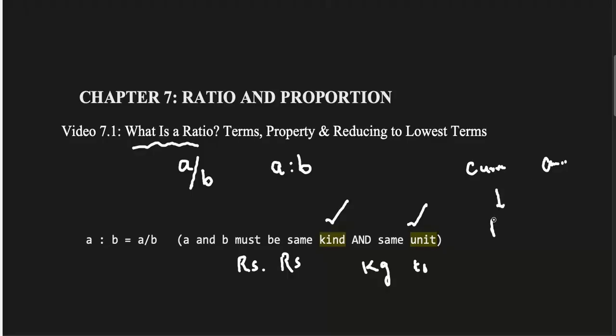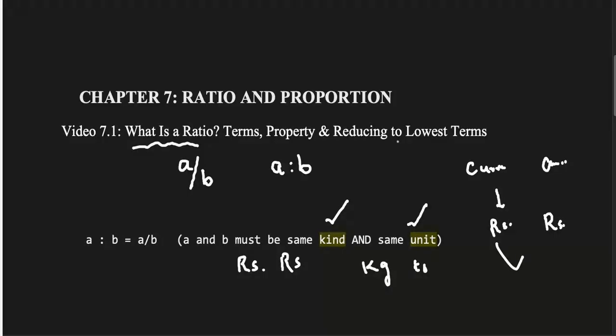If it is rupees, this should also be rupees. You cannot compare dollars versus rupees. The kind will be the same, but the unit is different, so again you cannot compare. You must follow these two conditions whenever you are forming a ratio. So there is no ratio between them. Different kinds can't be compared this way.